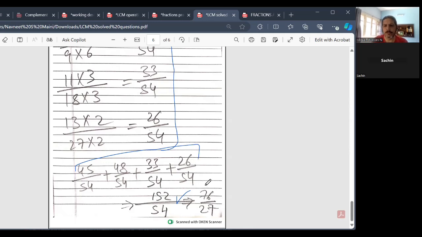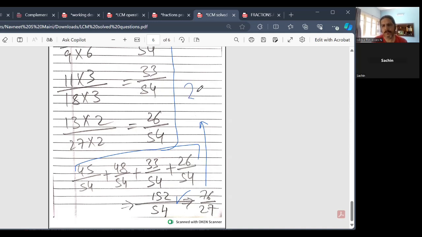Yeah, okay. See, this can be put as a mixed fraction as 27 twos are 54, and 27 threes are 81.